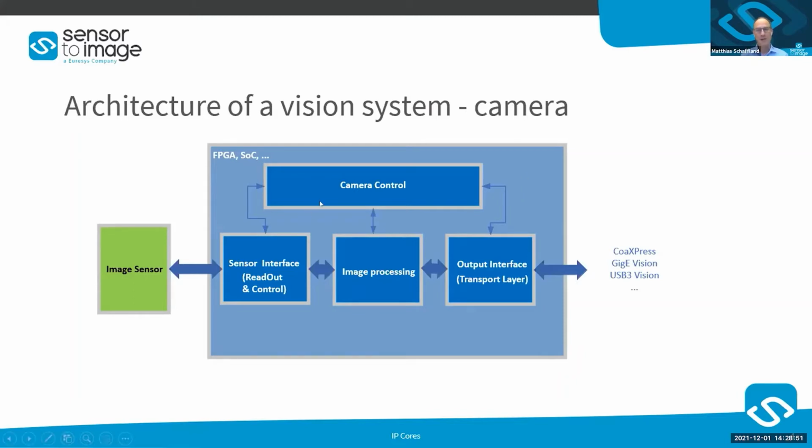On top of that, we have a kind of camera control, which is responsible to control the sensor and all these sub-modules like sensor interface, image processing, and output control. In a way, all camera systems look like that.